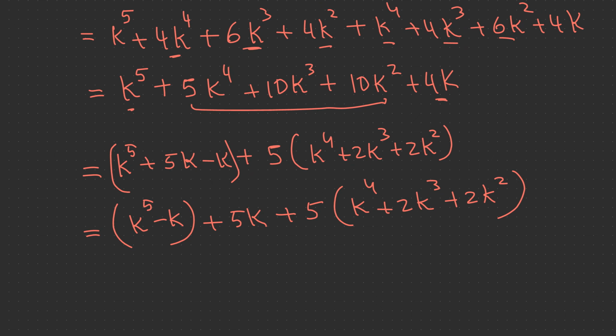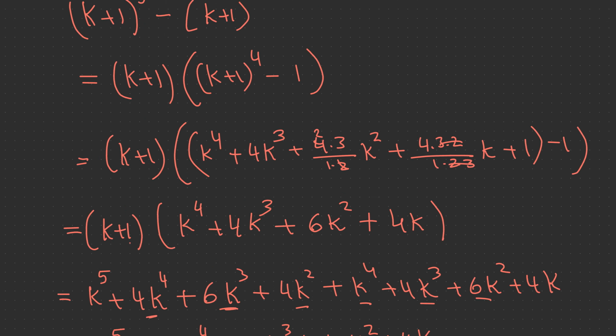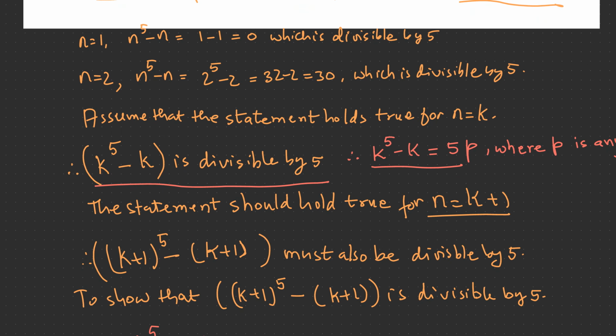So this is already a multiple of 5, so this bit is divisible by 5, and so is k to the power 5 minus k, because I have assumed it is equal to 5p.